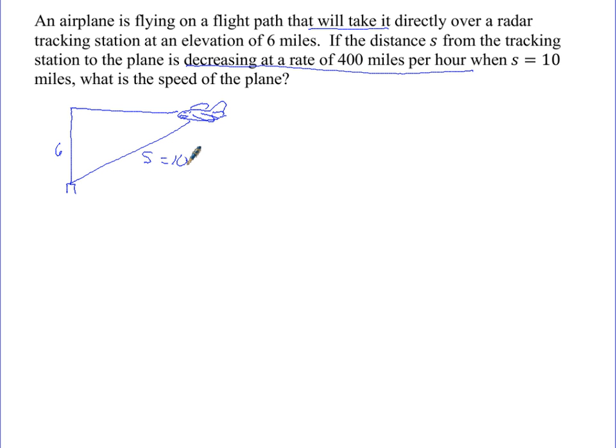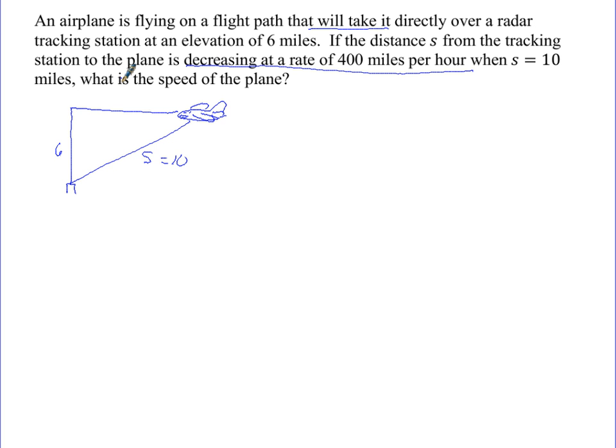But is s a constant? No. It says at the moment in time when s is actually equal to 10, we have a bunch of information, okay? But s is a variable. The nice thing is, because we know that at this moment in time s is equal to 10, and because that plane is flying at a constant altitude apparently of 6 miles, we can, at this instant in time, determine what that length right there actually is, okay?